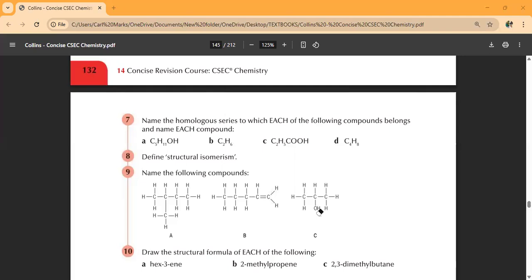It doesn't have to be a branch. It indicates where the functional group is, just as you had 1-methyl here, and that's not a branch. You can indicate where the double bond is or where the functional group is. Understand?